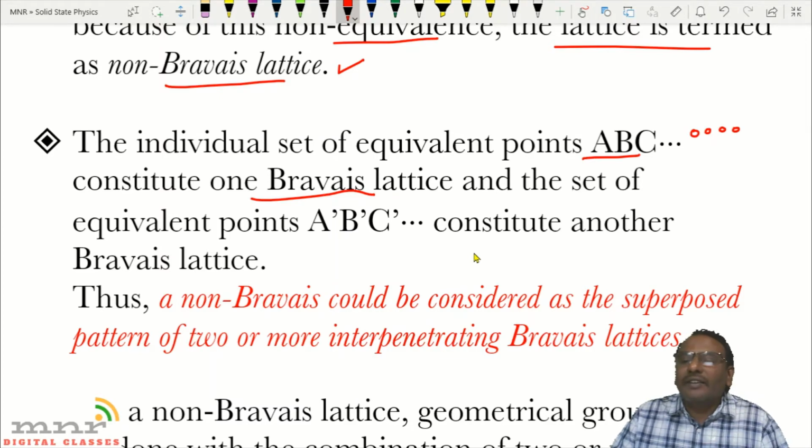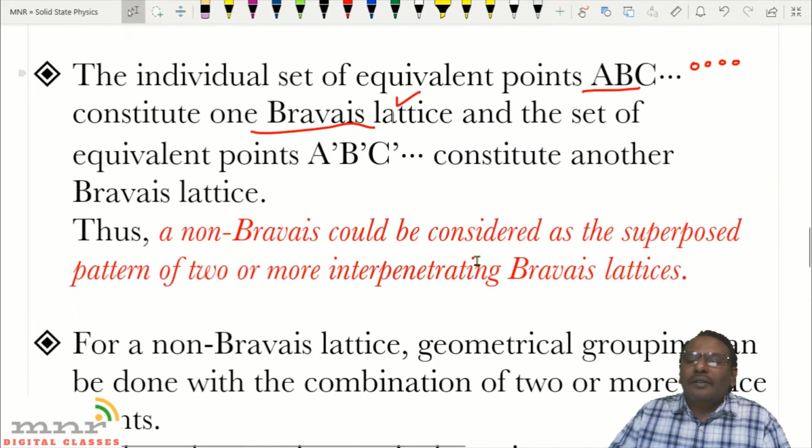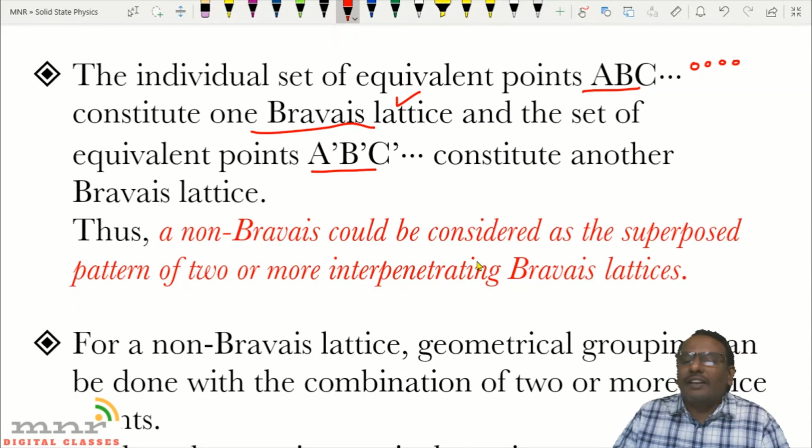Hence, if we consider only those lattice points alone, they constitute one Bravais lattice. Similarly, if we consider the other set of lattice points represented by dots, they also constitute another Bravais lattice, because if you consider them alone, they are equivalent to each other.